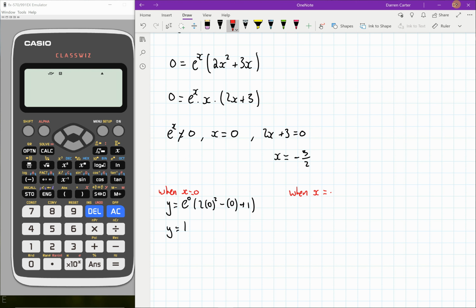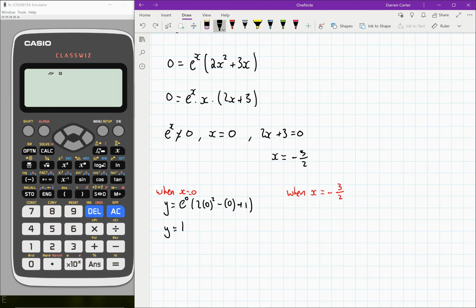I also have when x equals minus 3 over 2, y equals e to the minus 3 over 2 times 2 times minus 3 over 2 squared minus 3 over 2 plus 1. Now this one I'm going to jump to my calculator for, although because I want it exact, I'm going to ignore the e to the minus 3 over 2 at the start and just compute that bracket.